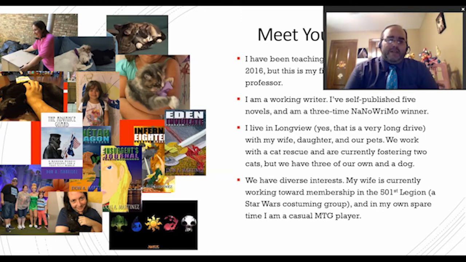My wife up in the upper left-hand corner there. My wife works as an engineer, as an engineering manager, really, for a company out here in Longview that produces sheet metal products for the AC HVAC industry. And the box that she's holding there, that is a box containing a set of Stormtrooper armor for Star Wars.